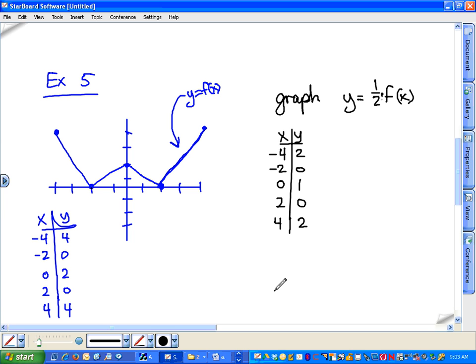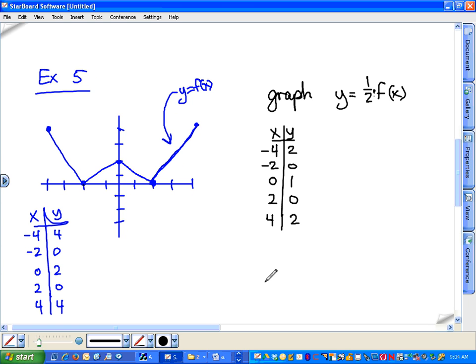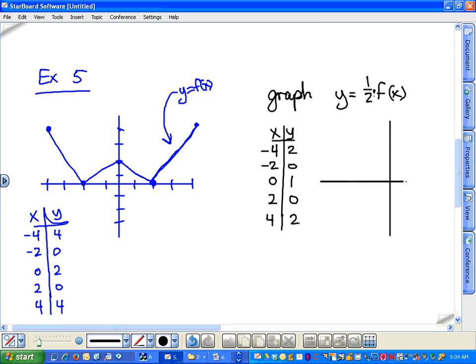Now we have a list of points. We can plot those points, draw a new graph. What is the new graph going to look like? What's it supposed to look like? Which direction is it compressed? So it's just going to be smashed down vertically. It's going to be a little bit flatter. So we have -4, 2.